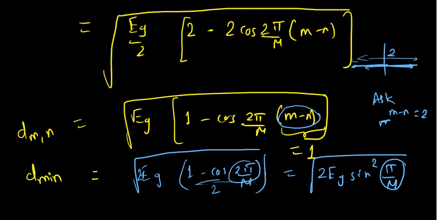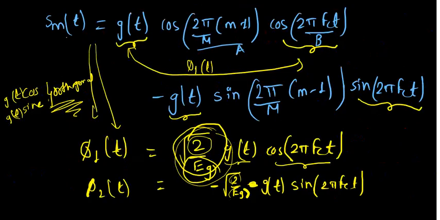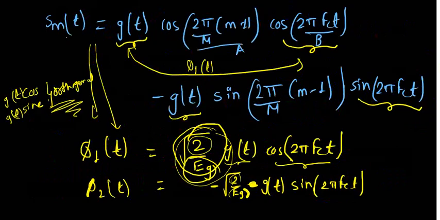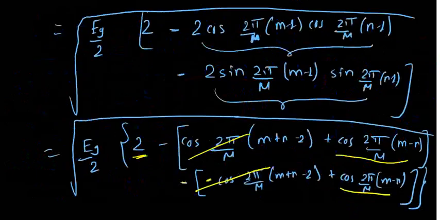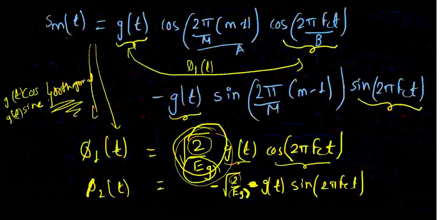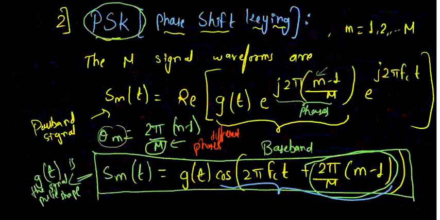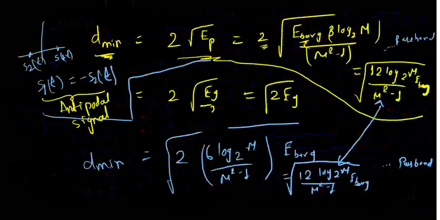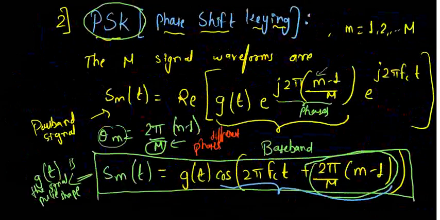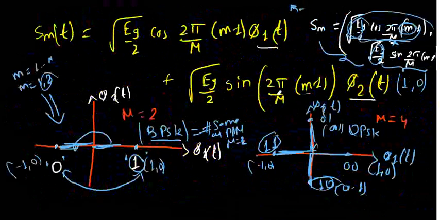But at the end what we want is in terms of Eb average, right? So how will we do this? We know we have already calculated Eb average in terms of Eg. Let me show you where. Okay, I'm not able to find it, let me write it again then.